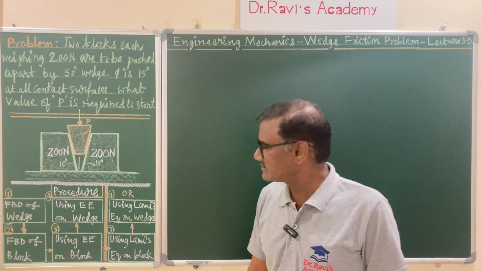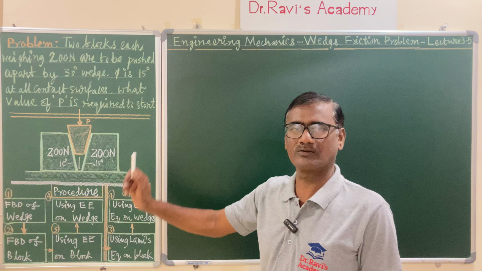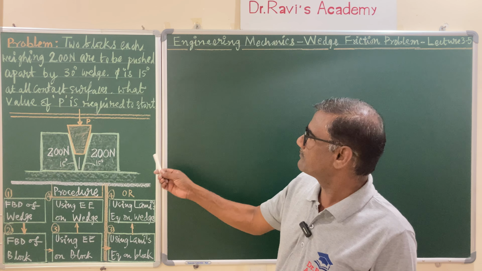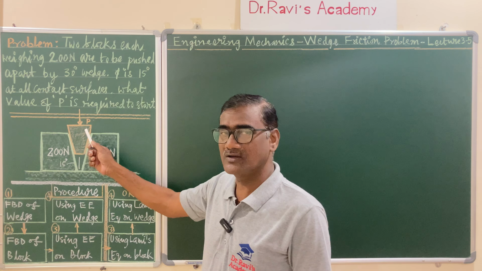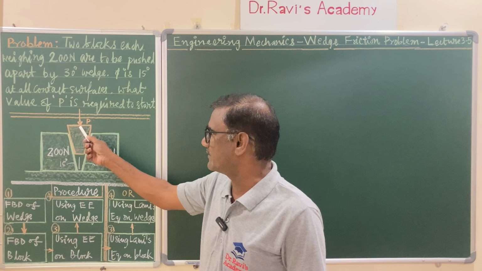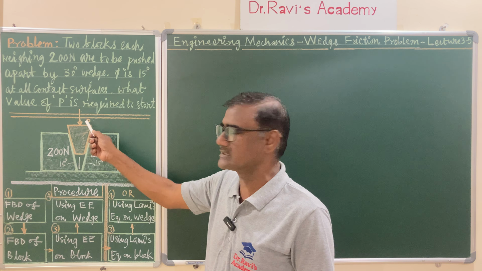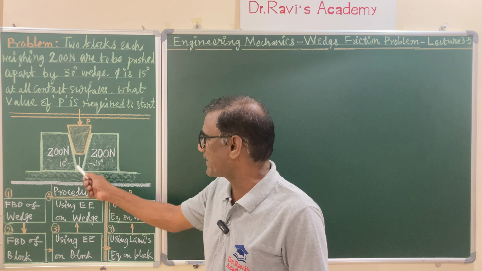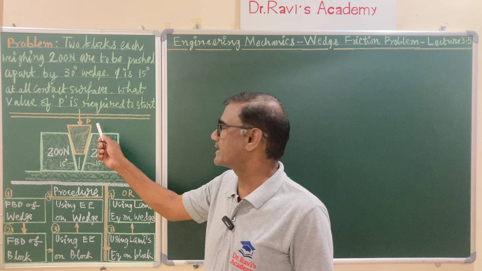Let us look at the procedure. You will be solving this problem in a systematic manner. The very first step is the free body diagram of the wedge. Why are you drawing the free body diagram? Because the external force P is acting on the wedge. The impending motion is down the plane, so the frictional force is opposite to the direction of the impending motion.